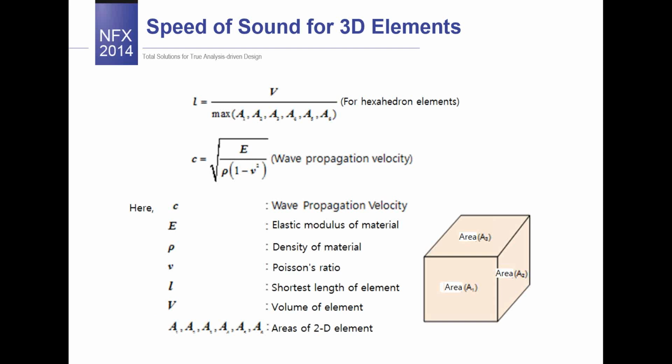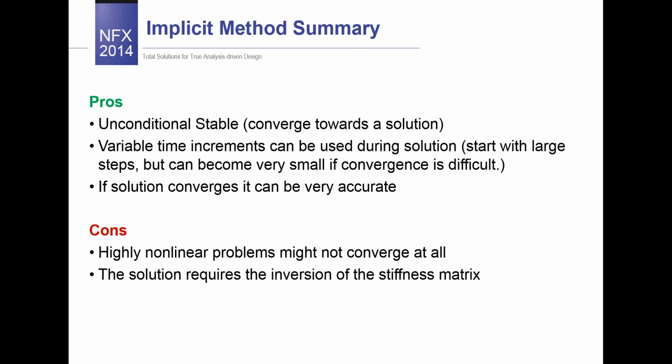So generally speaking, hex-dominant meshing is preferred for explicit simulations because this algorithm computes dynamic stress waves that need to be accurately modeled as they propagate through the entire mesh. And this is why a hexahedral mesh is more efficient, and we can also control the element size.